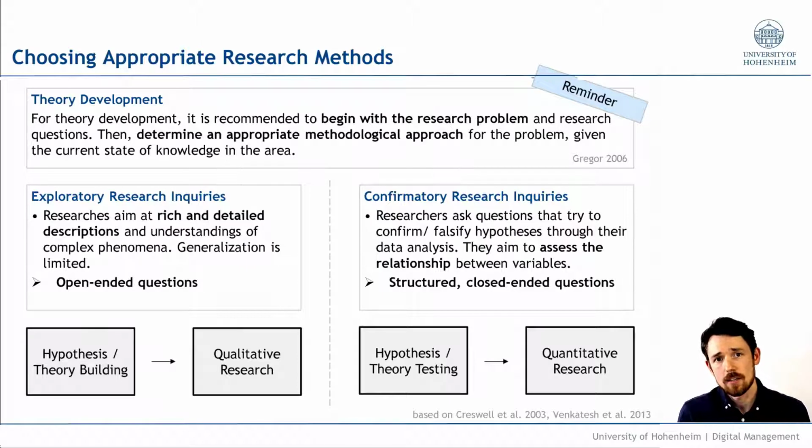And you need a little bit of knowledge about the different phenomena that might be at play to use quantitative or confirmatory research inquiries. So those are generally the two types of research inquiries. And mixed methods research now tries to combine those two.